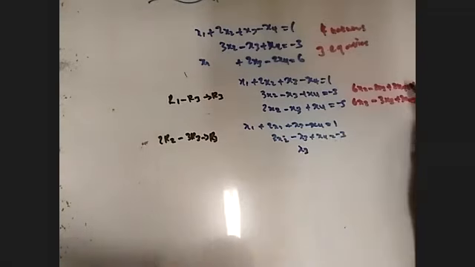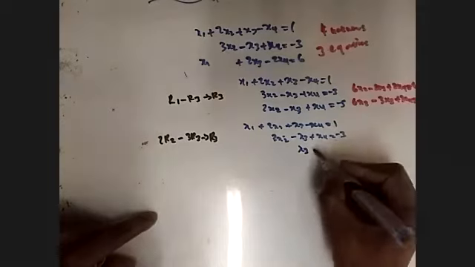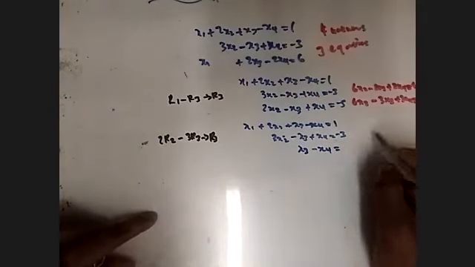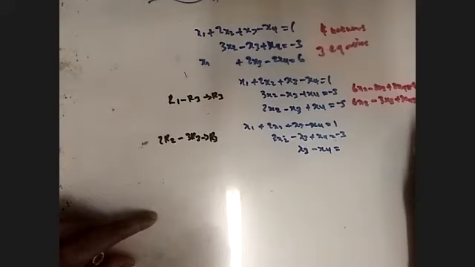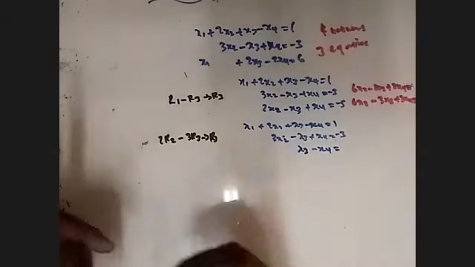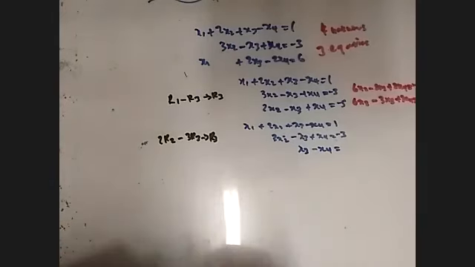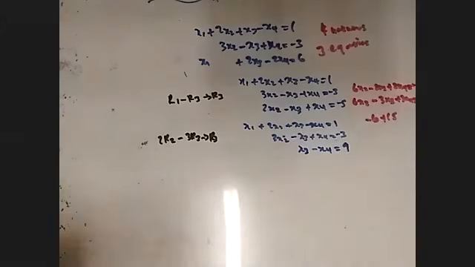And here we have 2x4 minus 3x4, it becomes negative x4, which is equal to negative 6 minus 15. So negative 6 plus 15, that's 9. So this is what we get.